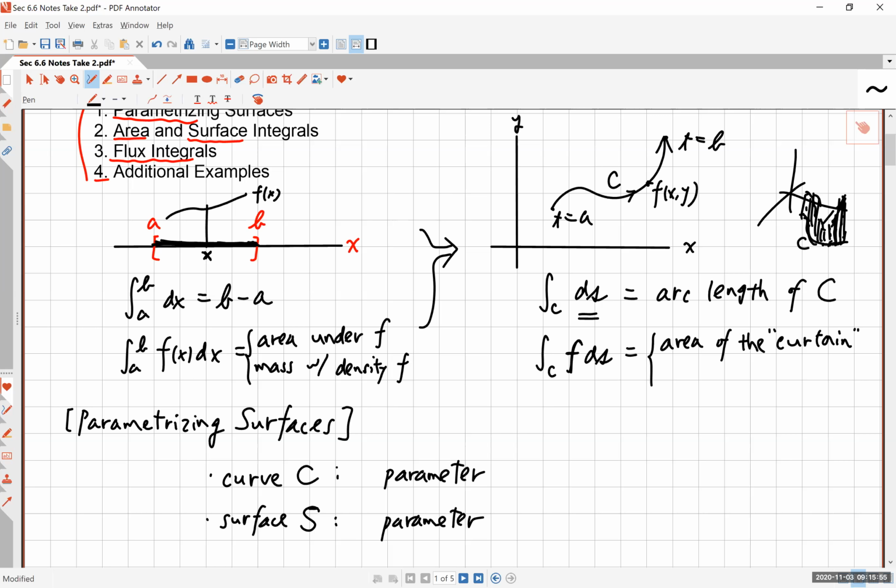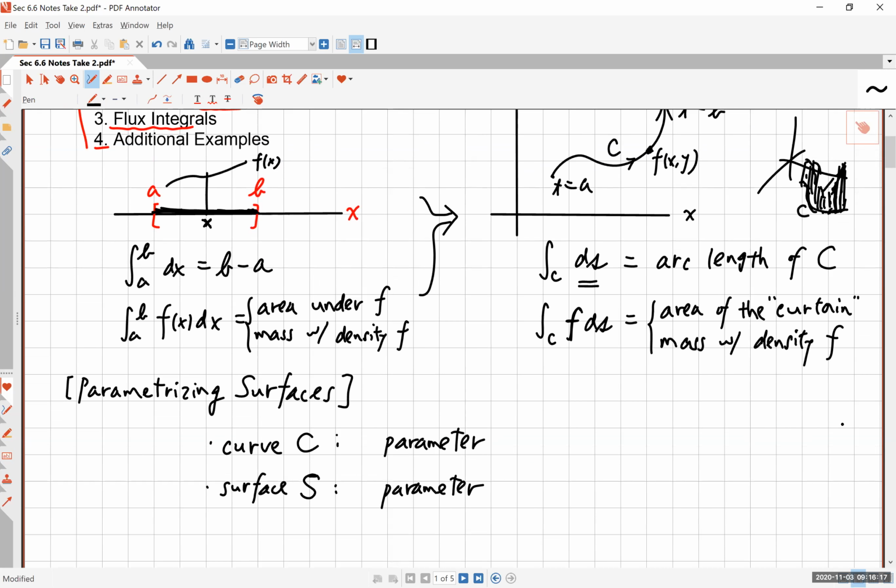Or if f of x, y happens to be the mass at every single point x, y on this curve, we can think of this integral as the mass of this curve C with the density function f of x, y. It basically tells you how heavy this curved stick is, a curved object called C.